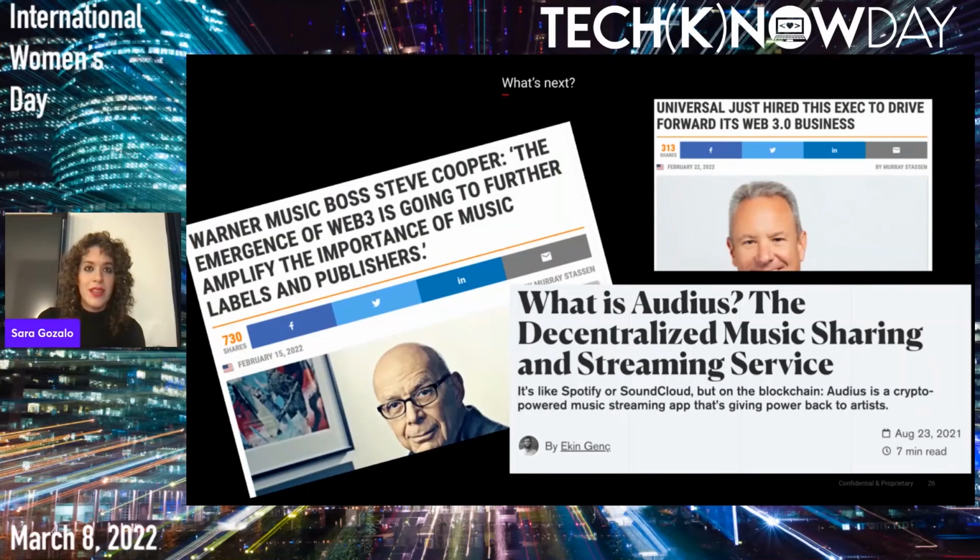So there are a lot of movements in the music industry happening right now, and I feel we are in a similar situation to maybe 10, 12 years ago when we were starting to see more music streaming services. And all this is related to how we are storing content and how we are exploiting these new technologies.